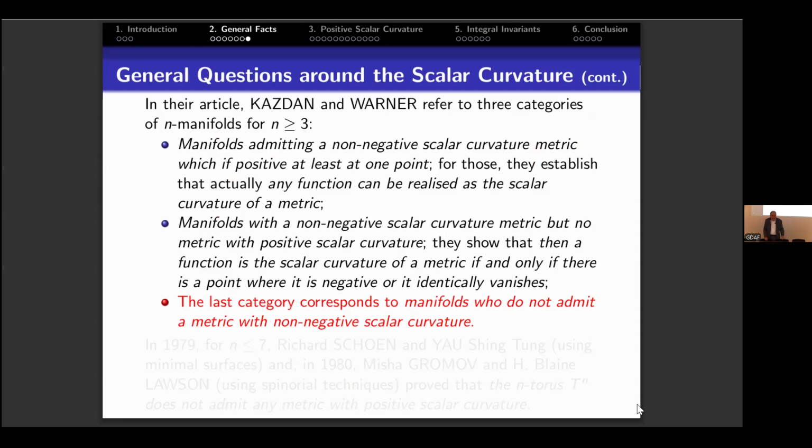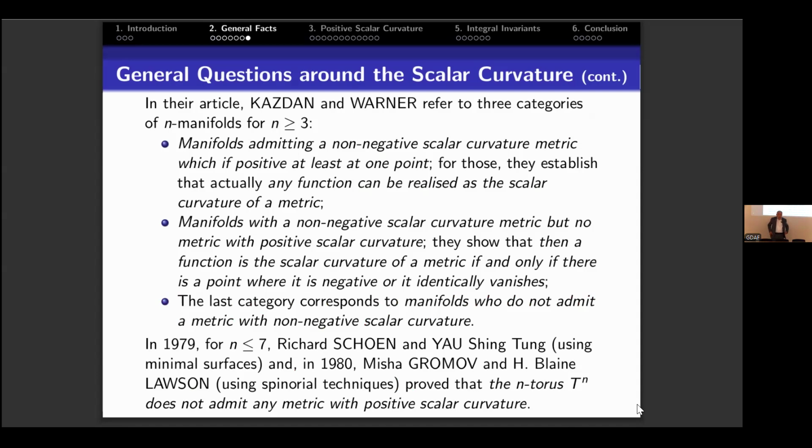Now, the second category, manifolds with a non-negative scalar curvature metric, but no metric with positive scalar curvature, they show that then a function is the scalar curvature of a metric on such a manifold if and only if there is a point where it is negative or it identically vanishes. Okay, that's the second category. And the last one, as it says, there are manifolds which do not admit a metric with non-negative scalar curvature.